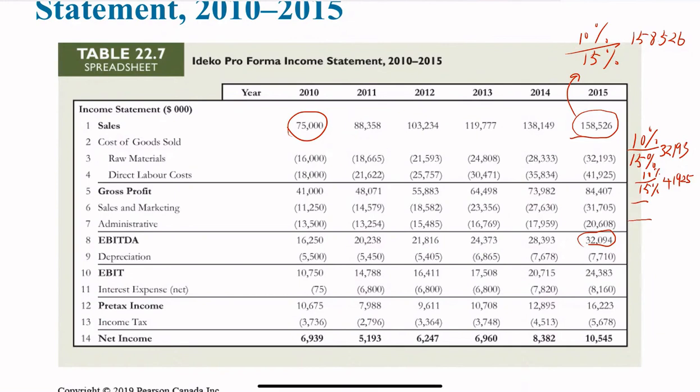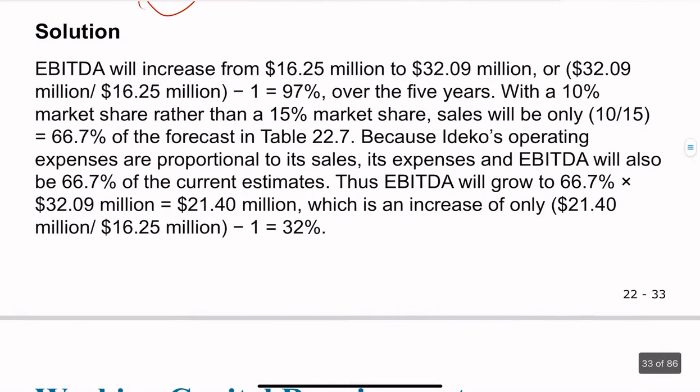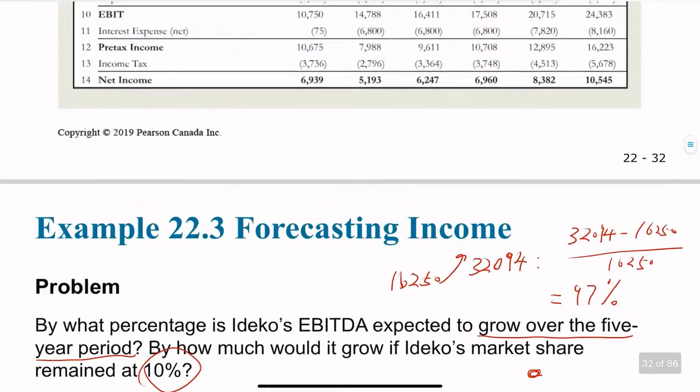So in the end, the EBITDA would be equal to 10% divided by 15% times 32094. And then you will get a number of, it should be 2140, right?